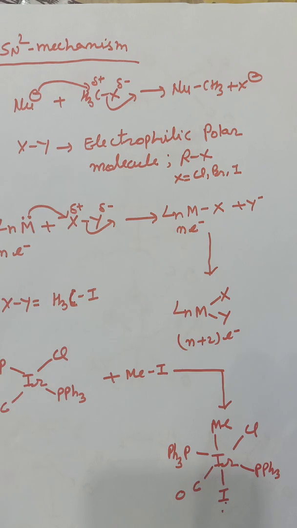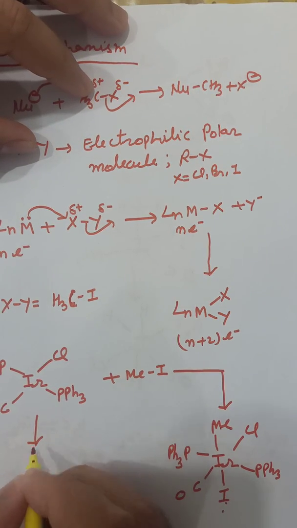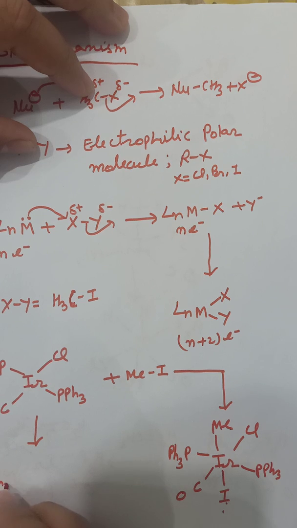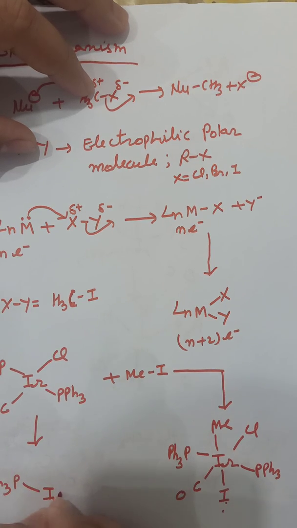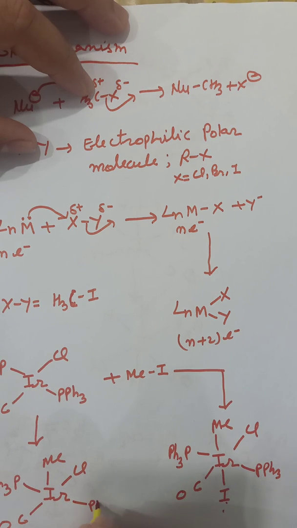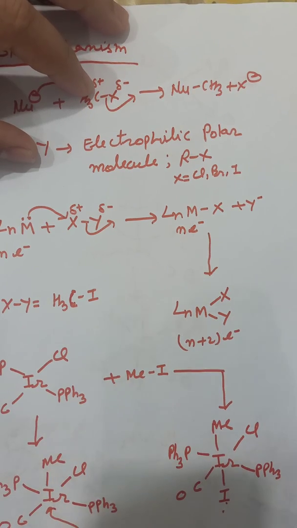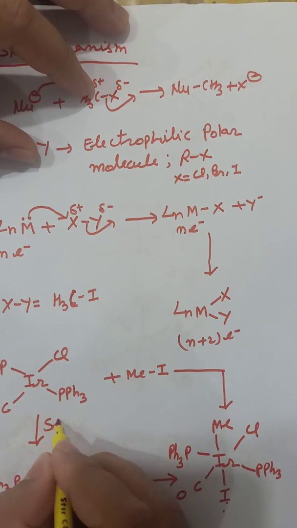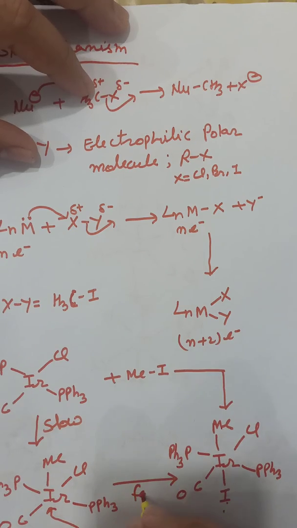Now why is this? Because in SN2 oxidative addition, the attack is occurring from the backside, and when the reaction occurs, this type of complex is formed. Then this iodide attacks on this iridium complex to form the product. This is the slow step, and this is the fast step.